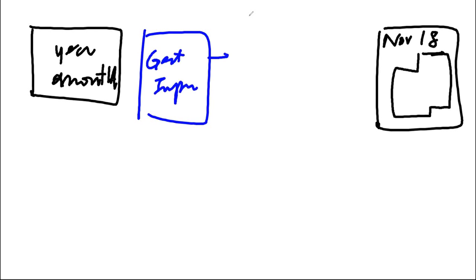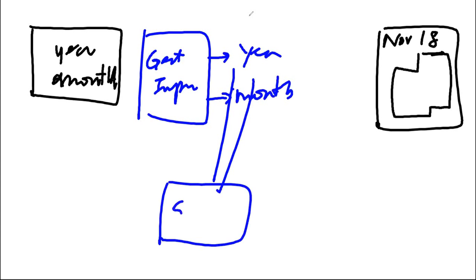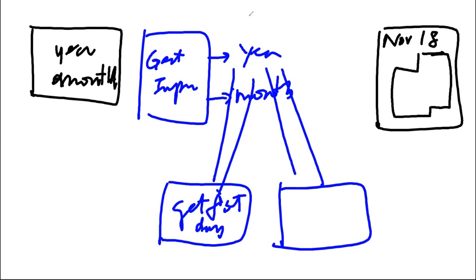This get input, I will get year and months. Okay, and based on this year and months, I should have a get first day. I need to know what is the first day of the months. And then I also need to know how many days in the month.